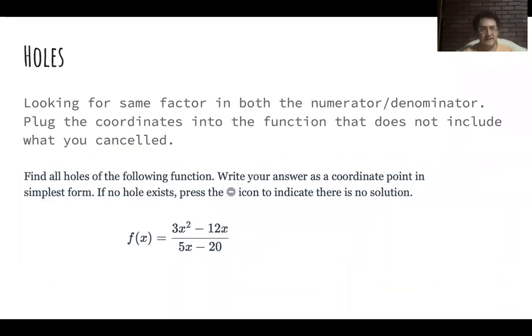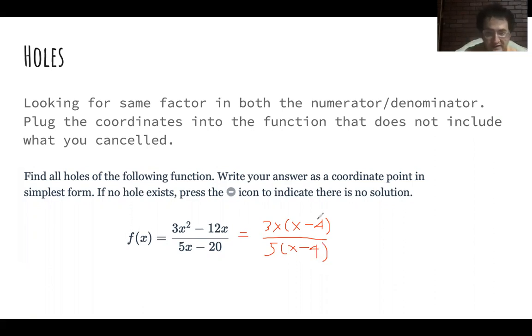And then finally, we have holes. So this you do want to factor your numerator and denominator. So I'm going to pull out a GCF of 3x. It's going to be x minus 4, because 3 goes into 12 4 times. And then on this one, I have a 5 times x minus 4.